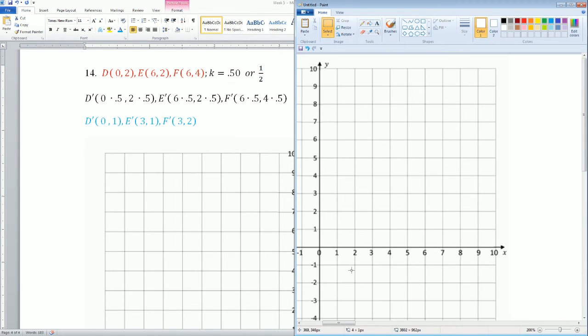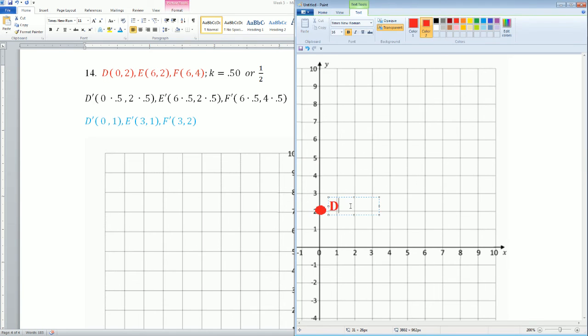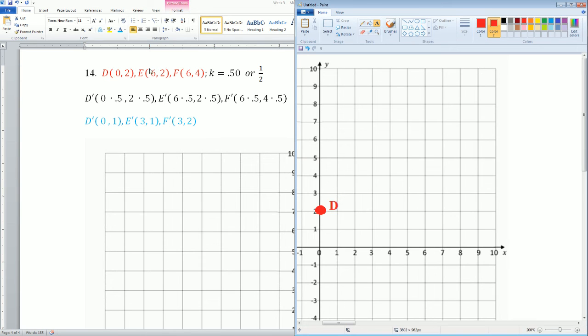Let's do the first one together. 0, comma 2. So 0 in the x, 2 in the y, and I'm going to label that D. 6, comma 2.